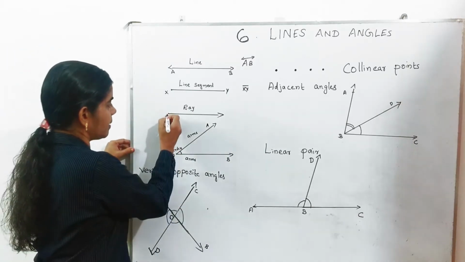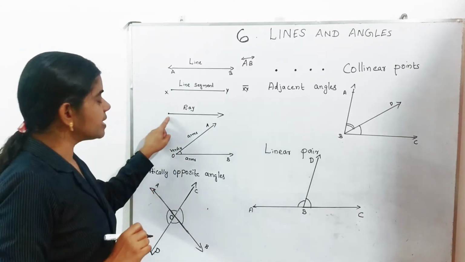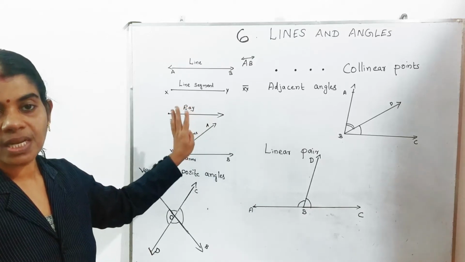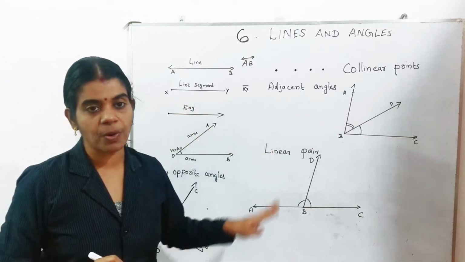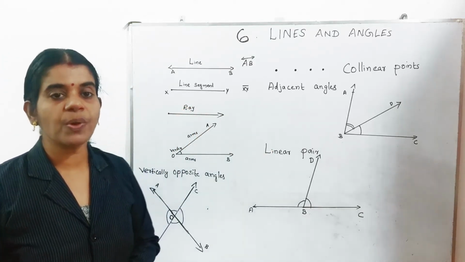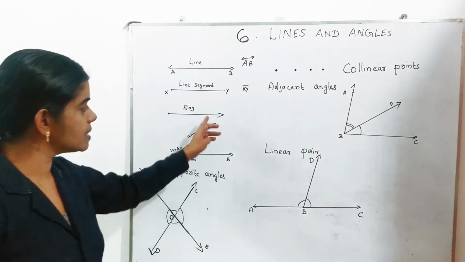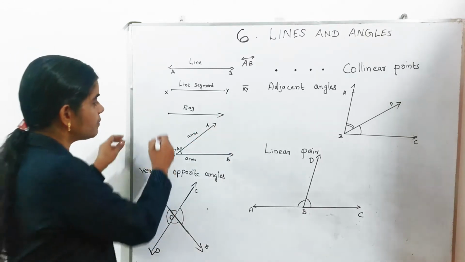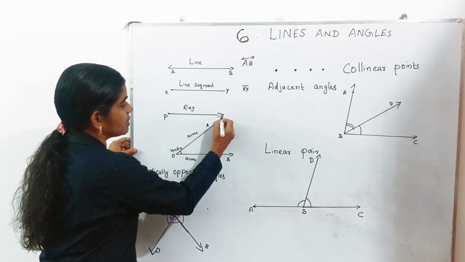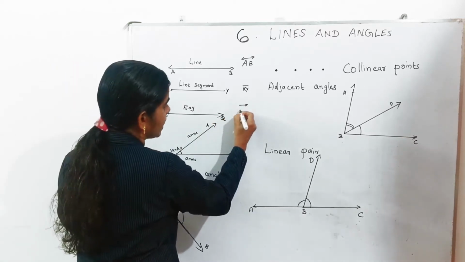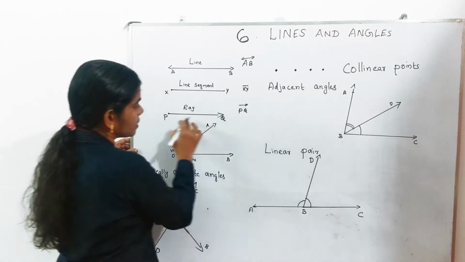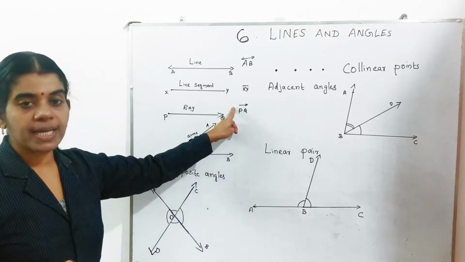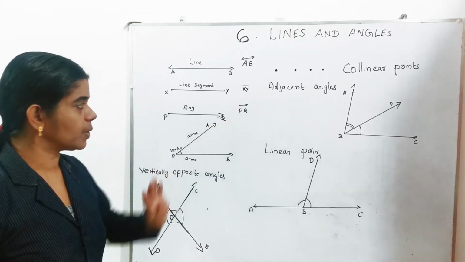Next one is a ray. A ray has a starting point but not an ending point. Therefore, this also does not have a definite length because this side is going on. If I am writing PQ, you can represent it as ray PQ. On top I have written a ray symbol, that means ray PQ.